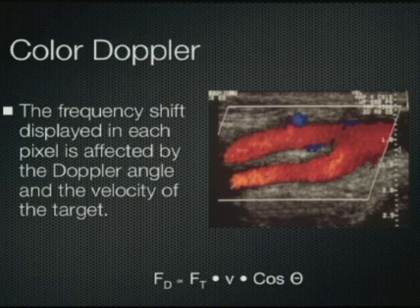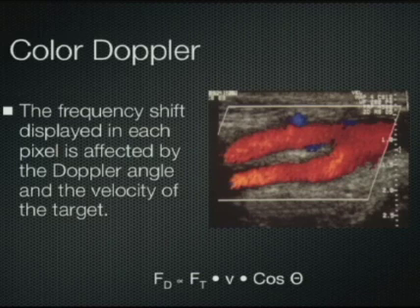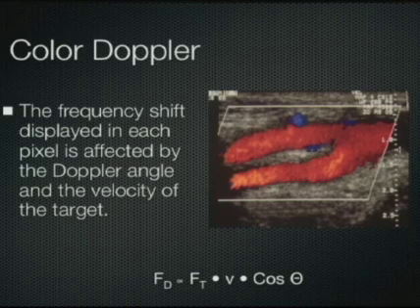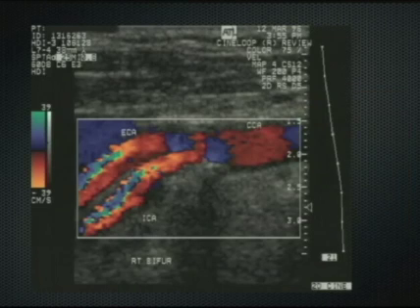Now, the frequency shift displayed in each pixel is, of course, affected by two things. It's affected by the Doppler angle, which determines the component of motion towards the transducer, and by the velocity of the target, of the red cell. And this is where things begin to get complicated. Let's look at this vessel. This is a view of the common carotid artery, the bifurcation, the external and the internal carotid artery.